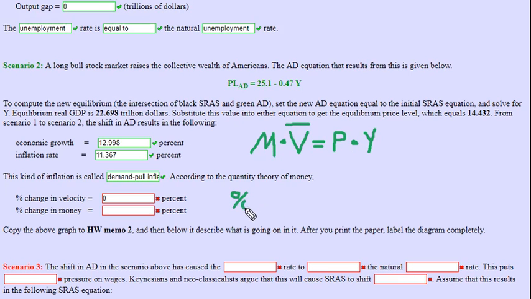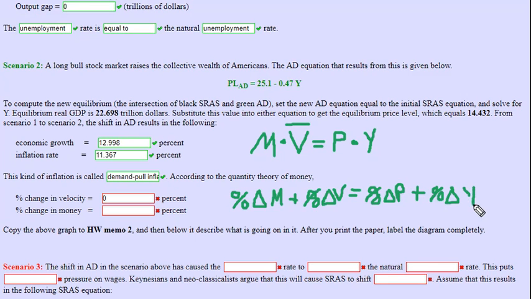We can write this in terms of percent changes. The percent change in money plus the percent change in velocity equals the percent change in the price level plus the percent change in real GDP.